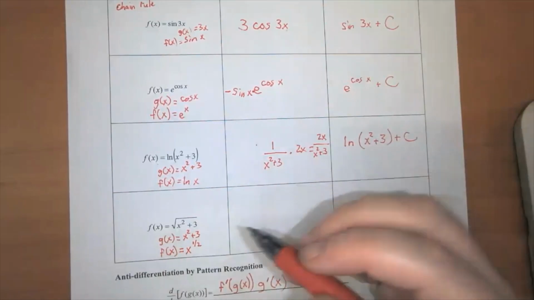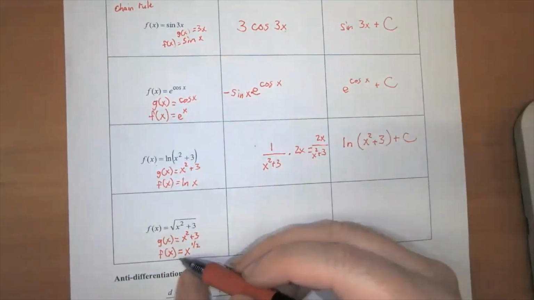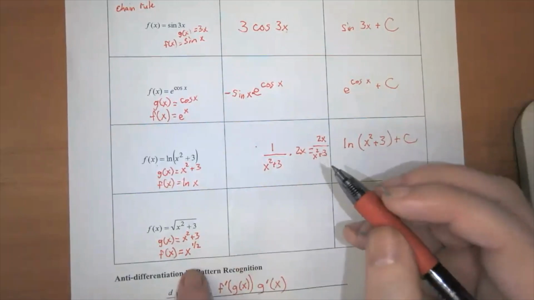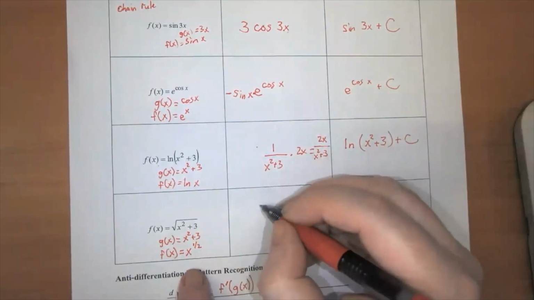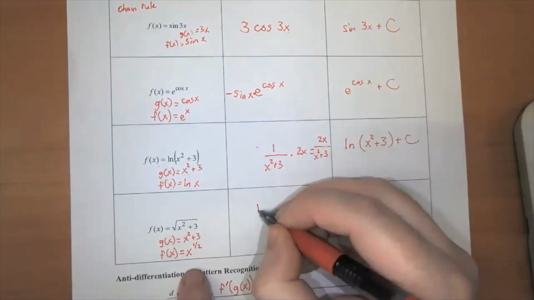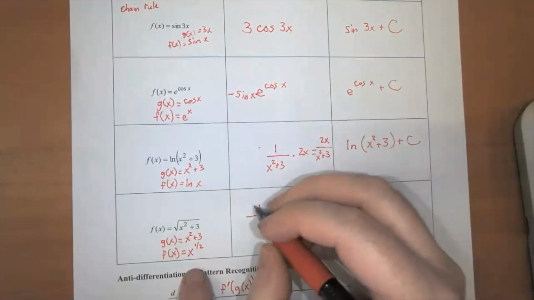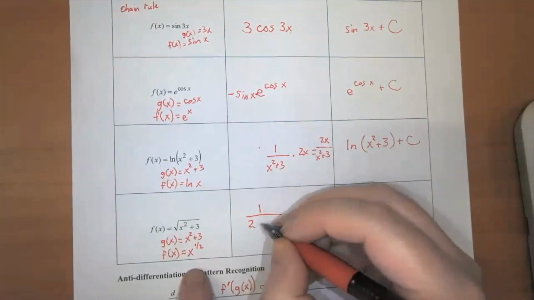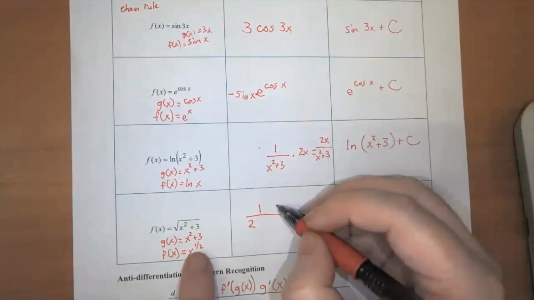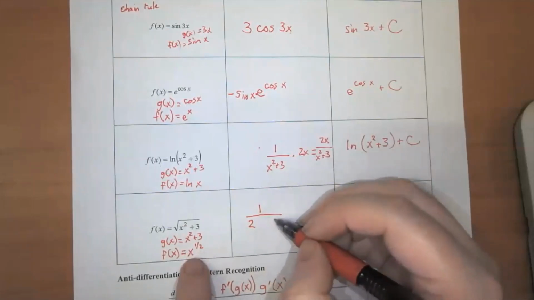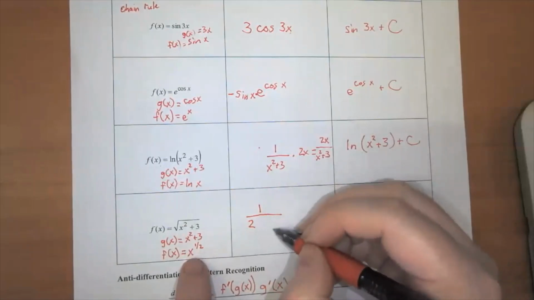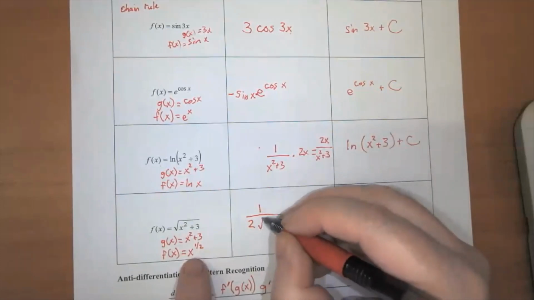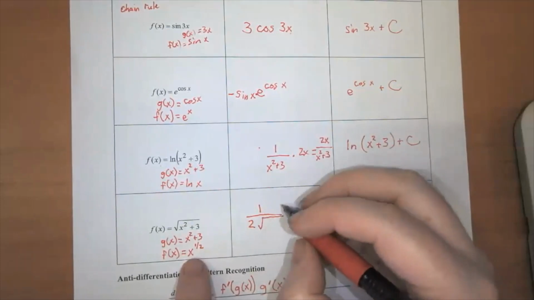So the derivative of that is 1/2 times x to the negative 1/2 power. Okay, and so I'm going to have 1/2, and then the x to the negative 1/2 power would be, move the x to the 1/2 down to the denominator, and then write that as the square root of x again.